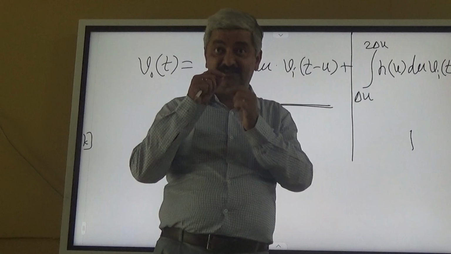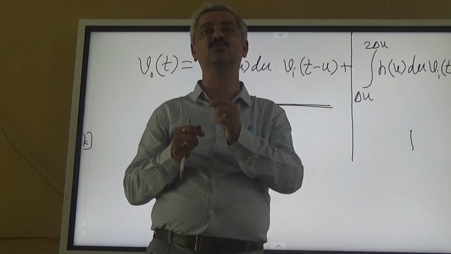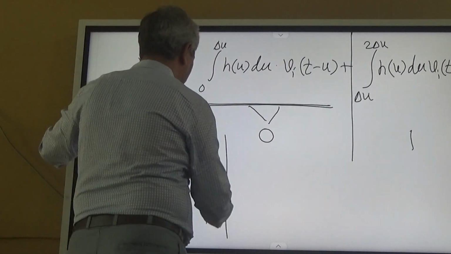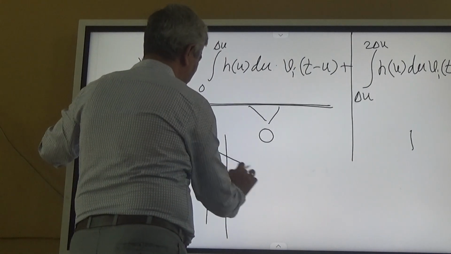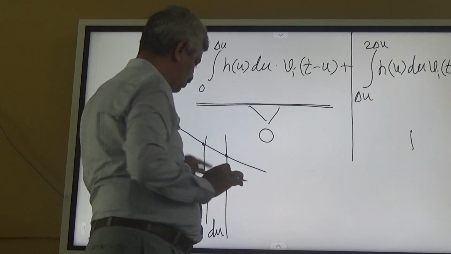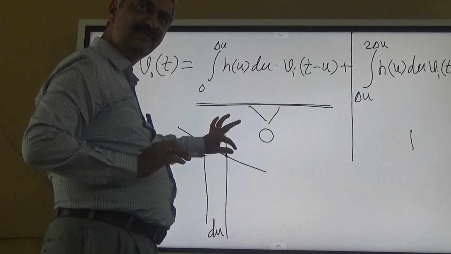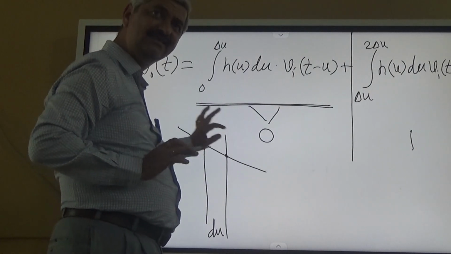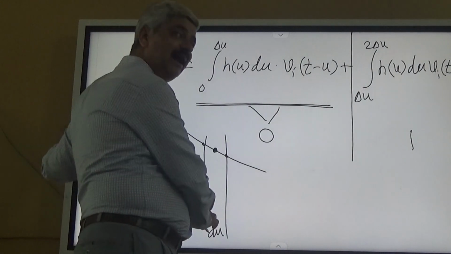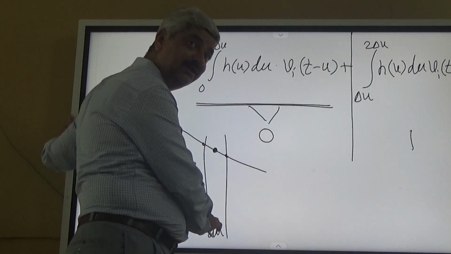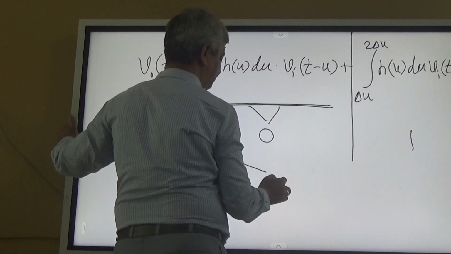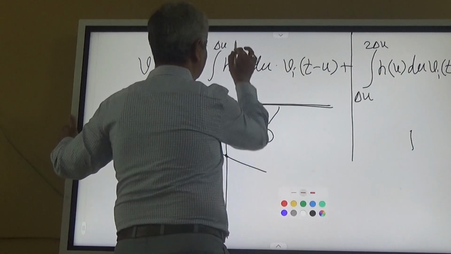But when du is sufficiently small, h(u) will vary, but it is so little that the average of h(u) during du, I can call this as h0.